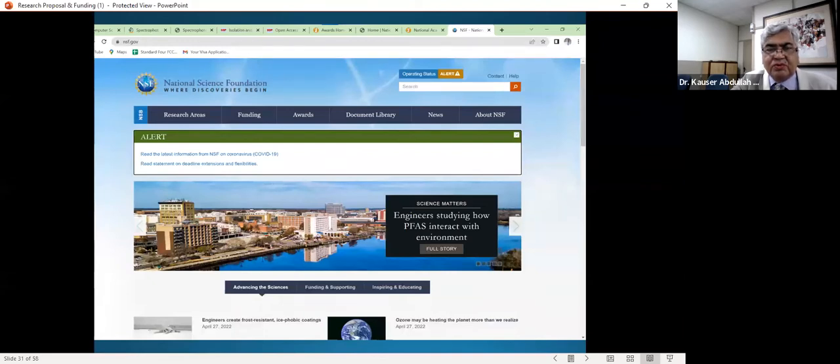I would urge you to go to that website, and they have an international funding section also, whereby if you have a collaboration with an American scientist, you can jointly prepare a proposal, and NSF will fund that, you see.